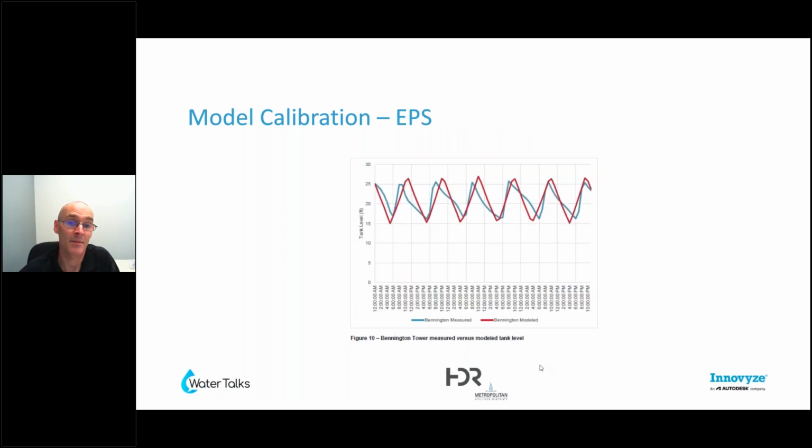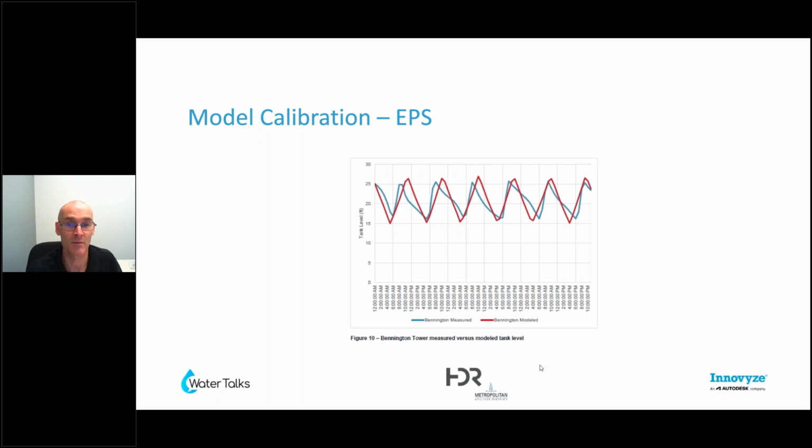Also, as I mentioned, for the EPS analysis, we were able to match somewhat well with their tank levels, but again, with no standard operating procedure, it was a little bit challenging for us. We almost had too much flexibility, too much rope to play with controls to get it to match.